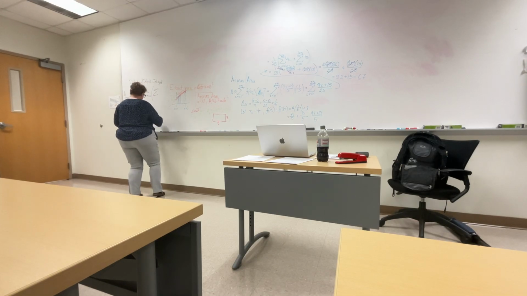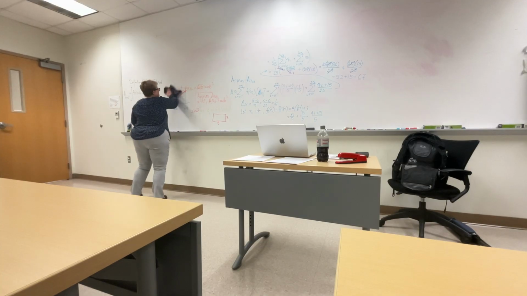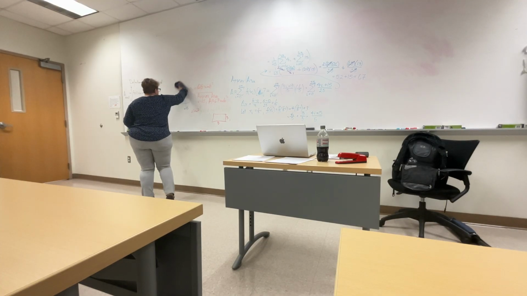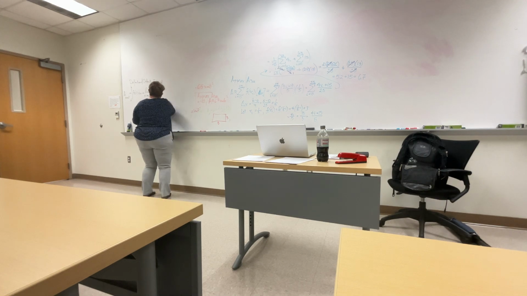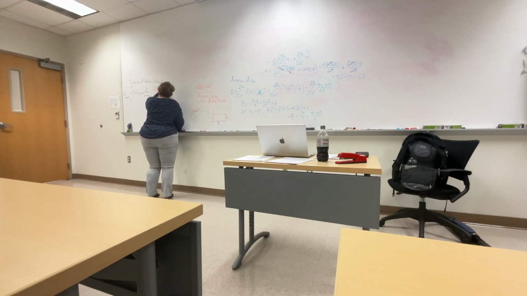we're gonna do something very similar to what we were just doing here. But we're gonna let i run from 0 to n. So we have f of x sub i delta x.